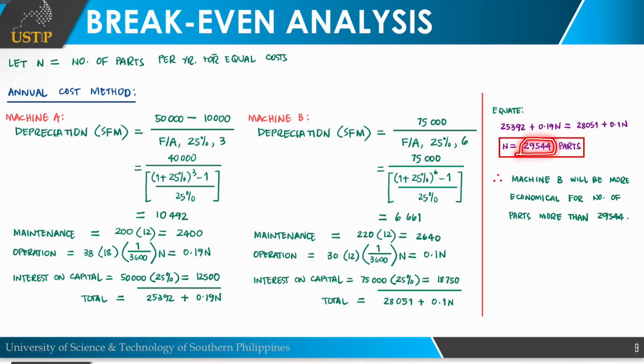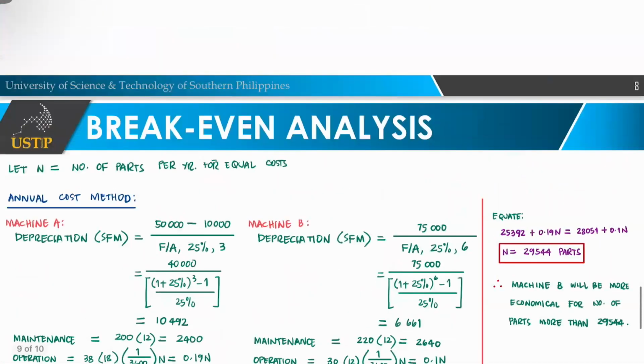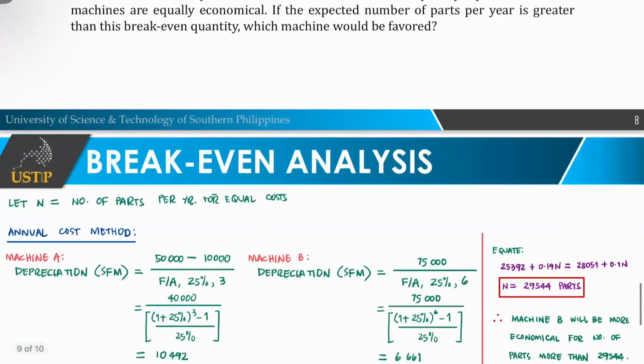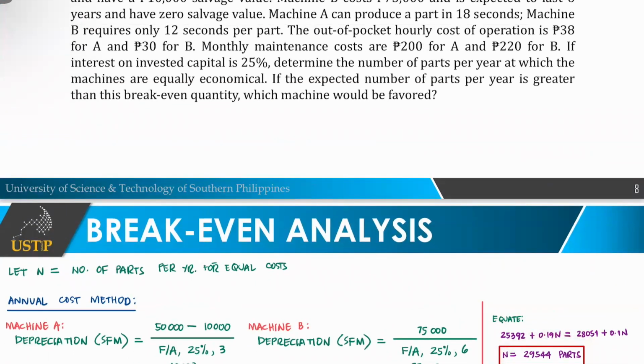29,544. So, what this means, class, is if machine A produces 29,544 parts, and machine B produces 29,544 parts, both machine A and machine B will have an equal cost. Okay? Now, the question, class, is, since we found the break-even point, given this break-even point of the two machines, which machine do we favor?